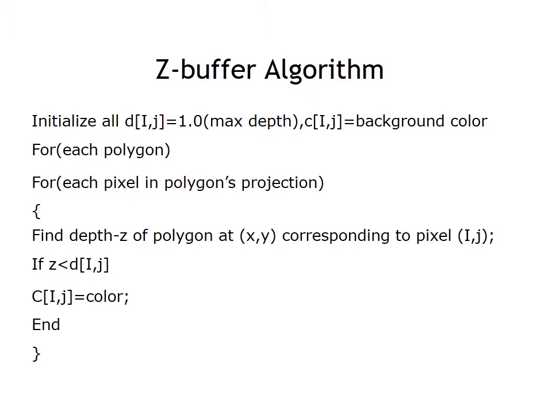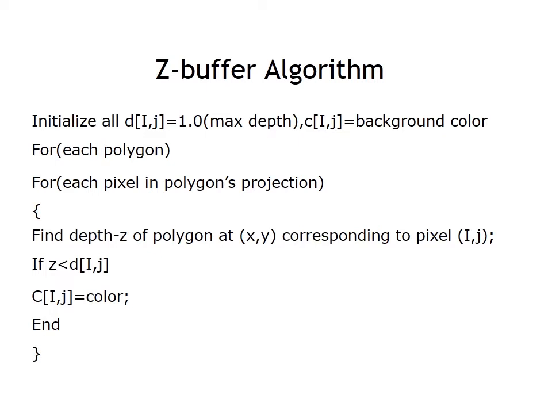As we have described previously, the Z buffer algorithm initializes all d(i,j) equal to 1, that is the maximum depth, and C(i,j) equal to the background color. For each polygon, for each pixel in the polygon's projection, find the depth z of the polygon at (x,y) corresponding to pixel (i,j).